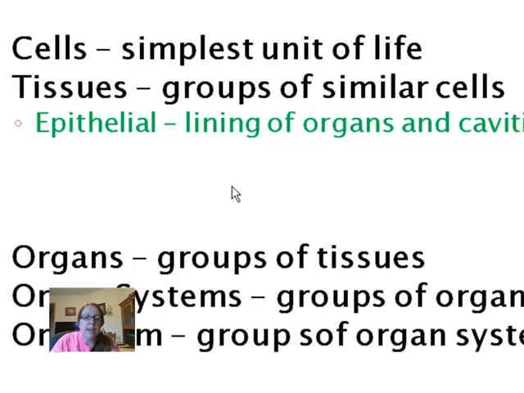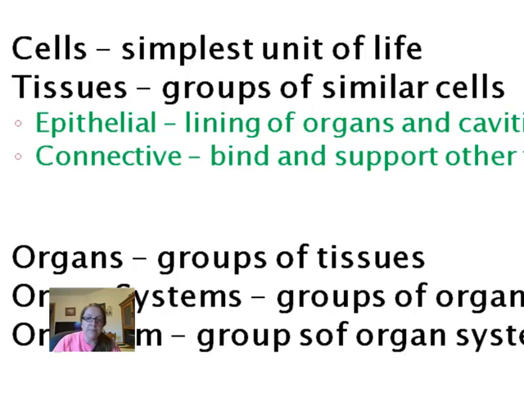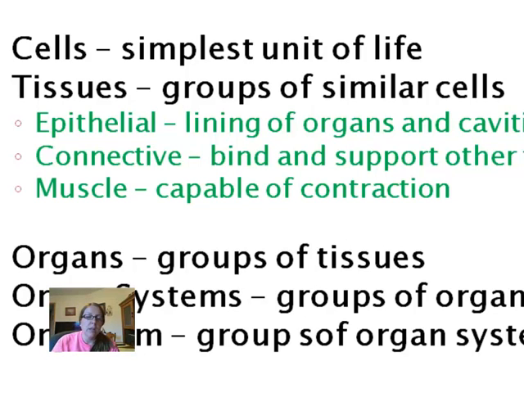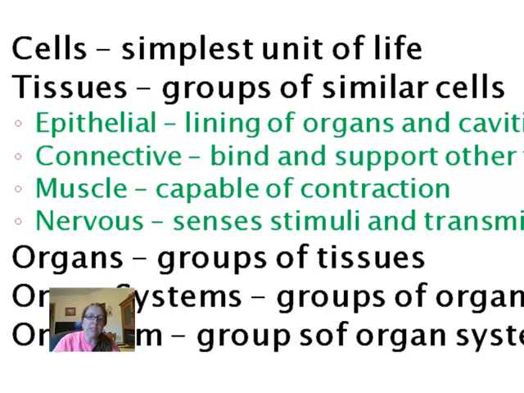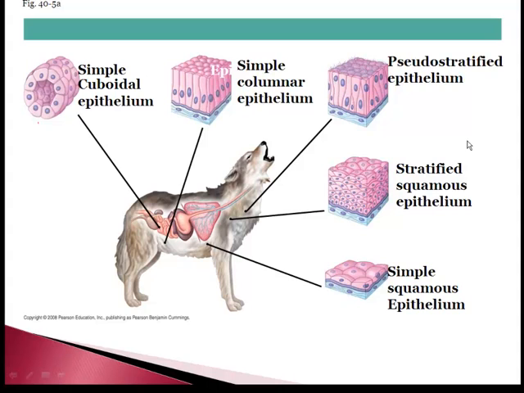So we'll look at the epithelial, and you should know in general what epithelial means. It's just the lining of organs and body cavities. Connective tissue is for support, muscle tissue can contract, and nervous tissue obviously can respond to our environment. Let's take a look at each one of those tissues in more detail.